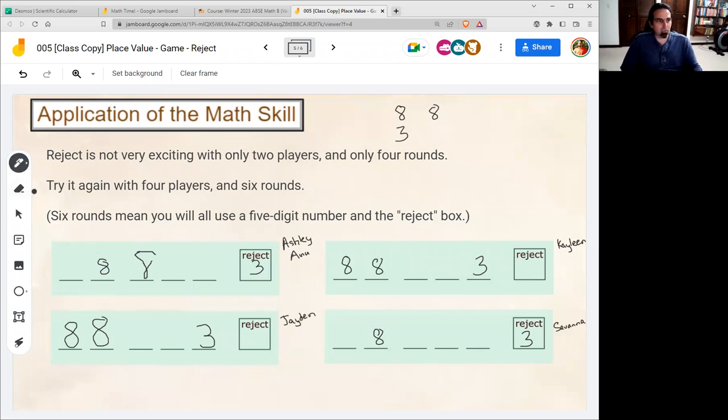Savannah, hundreds, you said. Okay, so you are 8. I'll roll again. A 0.